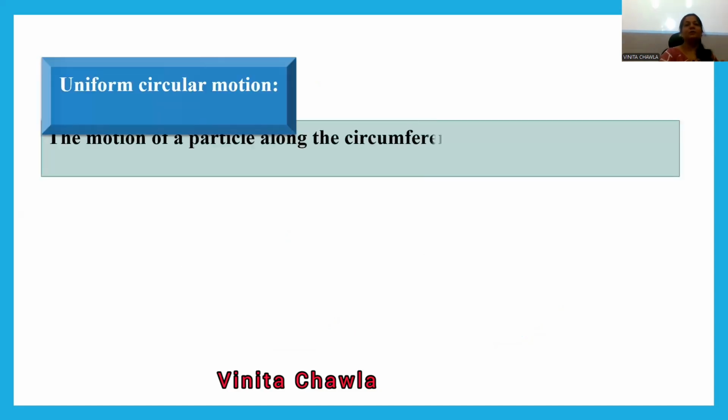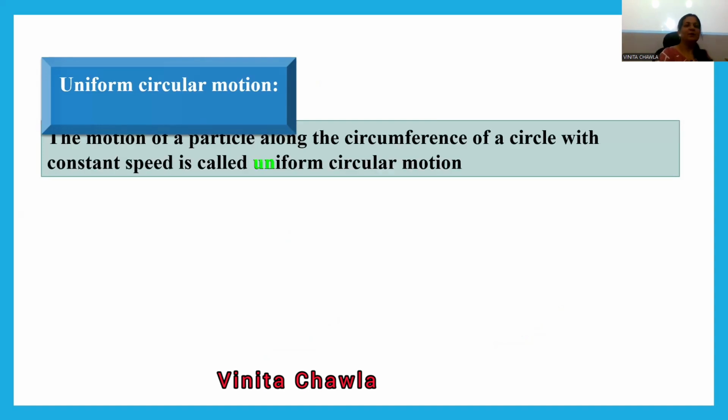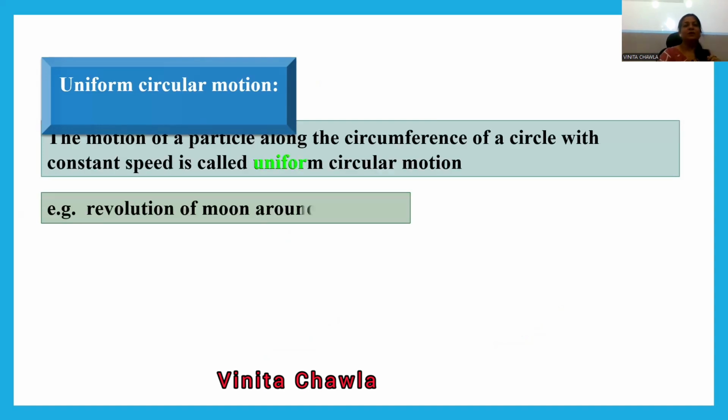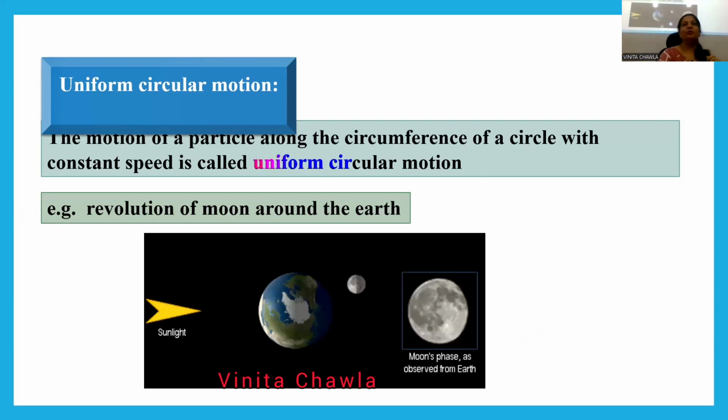Now, uniform circular motion में क्या होता है? Object moves with a constant speed as discussed. For example, revolution of moon around the earth. When moon revolves around the earth, it moves with a constant speed around. Okay, its direction changes at every point, but its speed is constant.